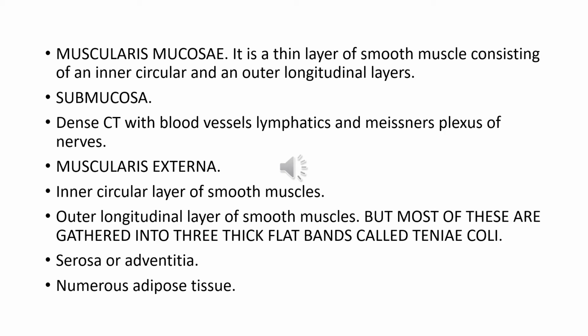Now, the myenteric plexus of nerves lies between the inner and the outer layers of smooth muscle, and the transverse colon and sigmoid colon are completely surrounded by serosa, while the anterior surface of the ascending and descending colon is covered by serosa, while the posterior surface is devoid of peritoneal covering. So we will have adventitia there, and it also contains a large number of small protrusions which are called appendices epiploicae. They are composed of adipose tissue.